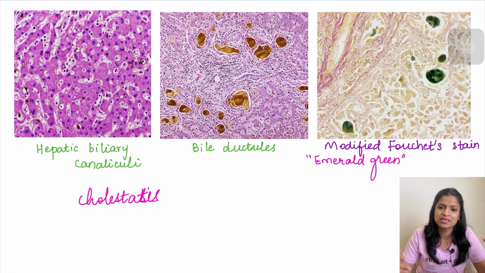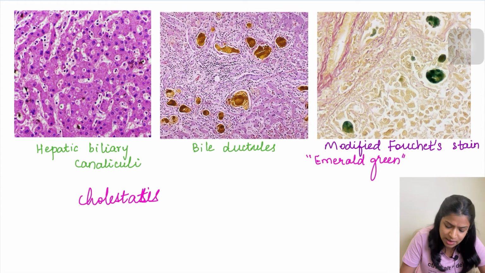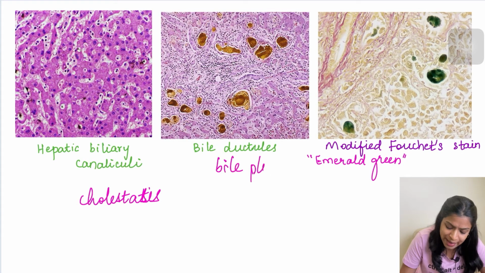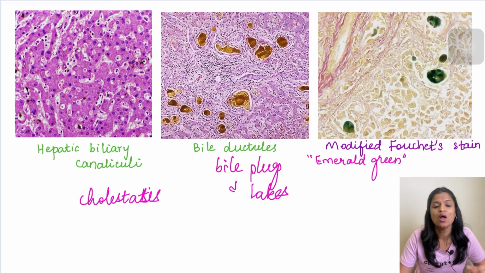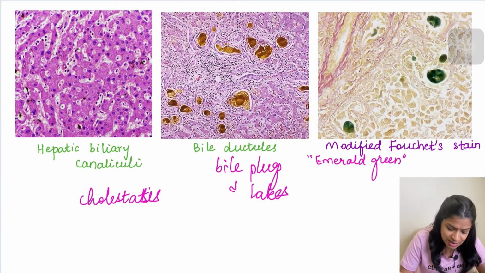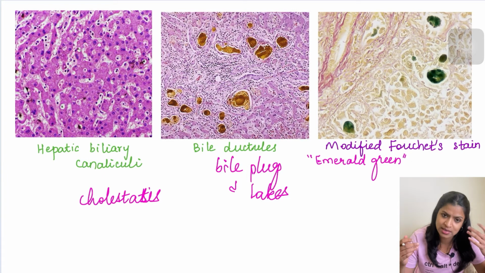So it can be present in the bile ductules in the portal tract. The second image is the one which is showing these bile plugs or bile lakes. Okay, bile plugs and lakes. So this is the picture we see in a cholestatic liver disease. Also, this bilirubin can be present inside the hepatocytes or the hepatic biliary canaliculi as seen in the first image.